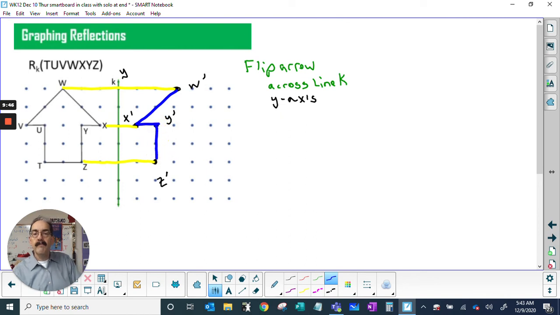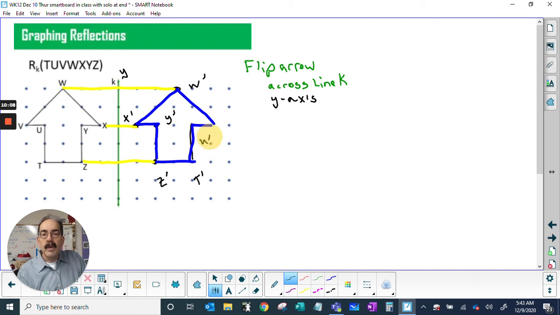Okay, all right. So then we're going to continue this. It's too wide, and we're going to label that T prime. I go up to U prime. So we have U prime and V prime.